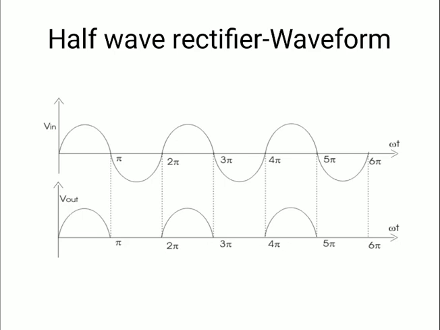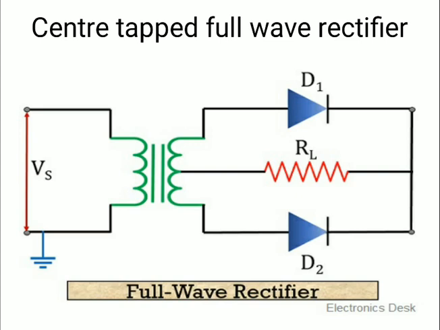Now let us understand what we mean by the full wave rectifier. In the full wave rectifier there are two types, center tap and bridge. Let us first understand the center tap full wave rectifier. Here you can see the diagram. On the left hand side is the primary winding, and on the right hand side is the secondary winding.